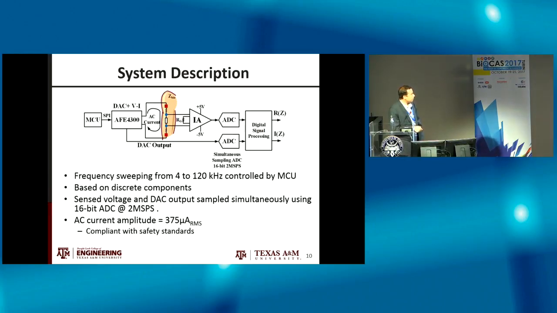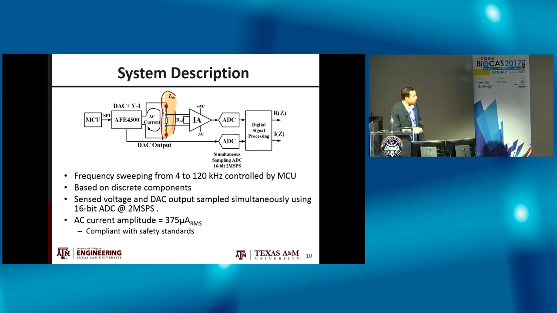Then we place the two sensing electrodes beside the current electrodes, and we sense the voltage using an instrumentation amplifier, which is very low noise, across a supply of plus/minus 5 volts. Then we feed the signal to a 16-bit ADC at 2 megasamples per second.